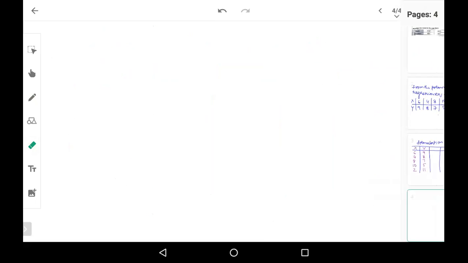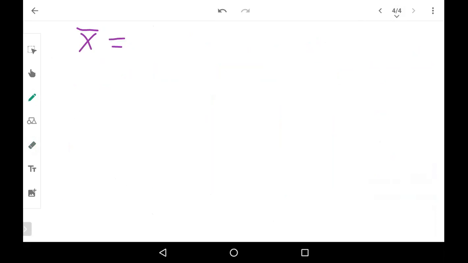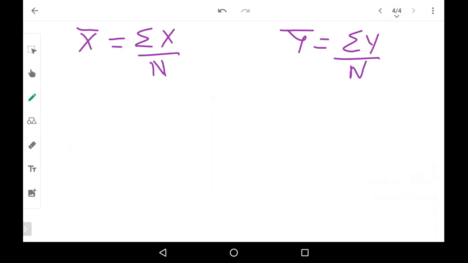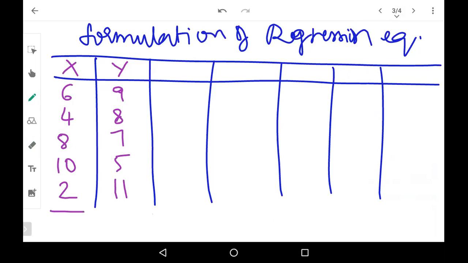So let us find out the value of x bar and y bar. How do we find the value of x bar and y bar? The formula is sigma x by n, and here sigma y by n. Now come back, total these two and tell me the values quickly.